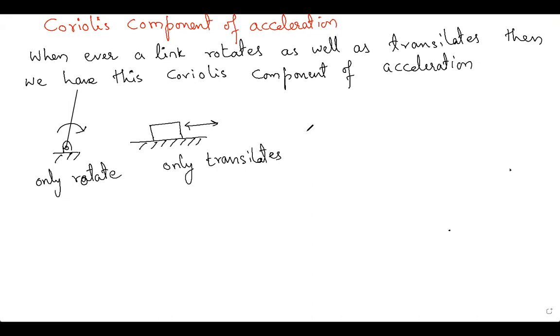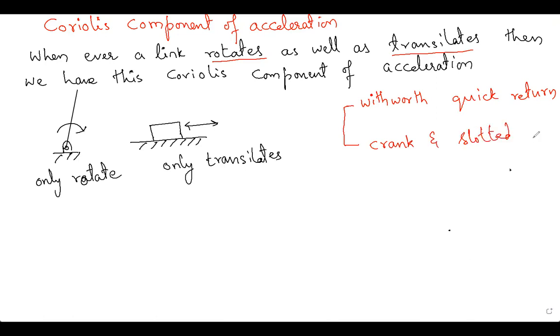So now where do we find a link which rotates as well as translates? Both these things are there in this type of mechanisms. You can see we have already seen a mechanism called Whitworth quick return mechanism, as well as the crank and slotted lever mechanism.